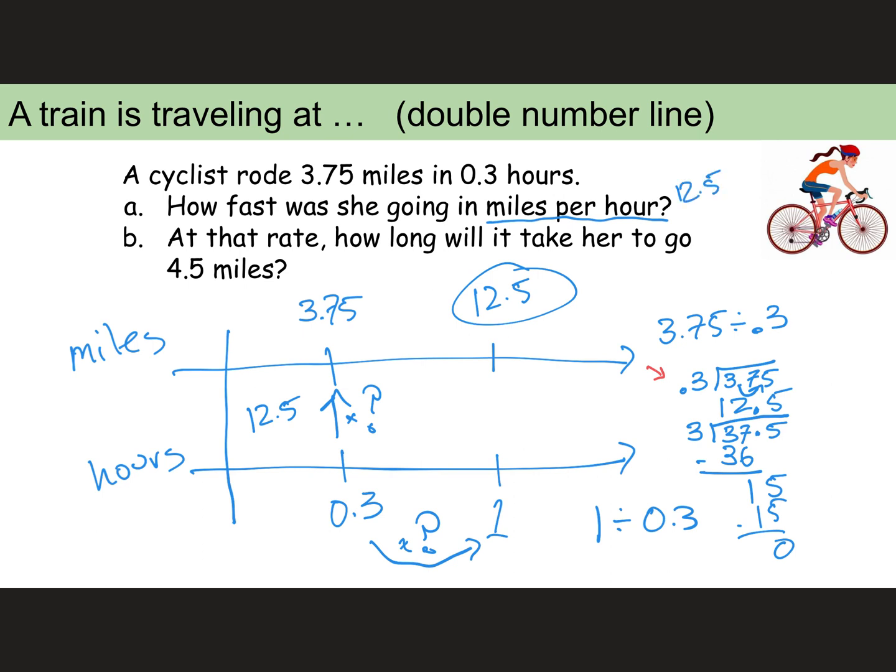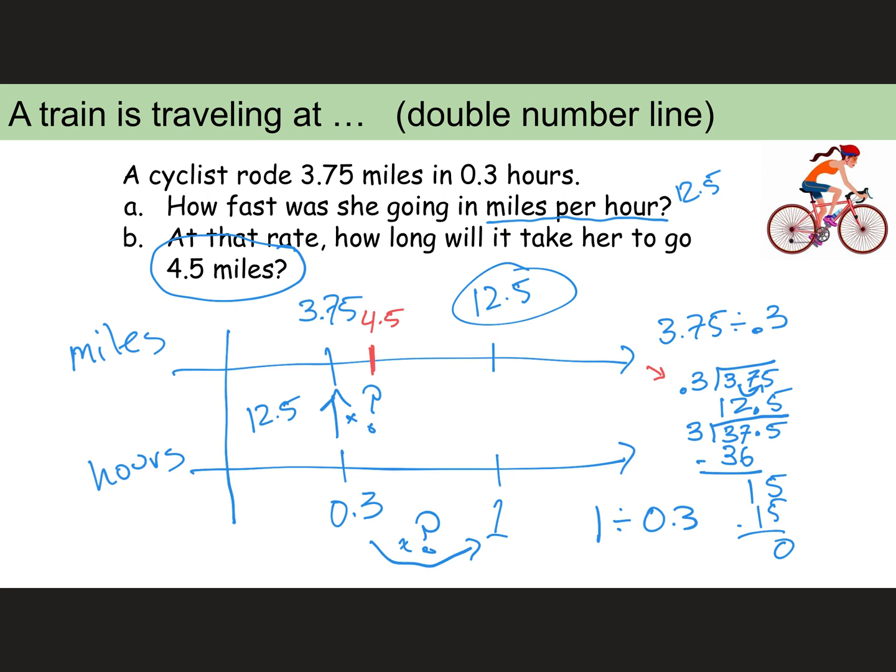At that rate, how long will it take her to go 4.5 miles? 4.5 miles. So 4.5 is kind of in here. It's less than 12.5, but more than 3.75.